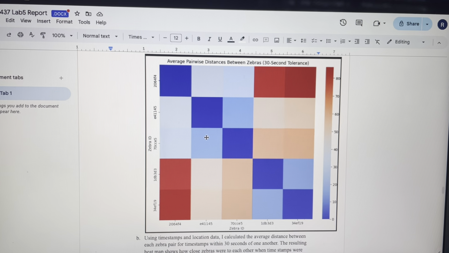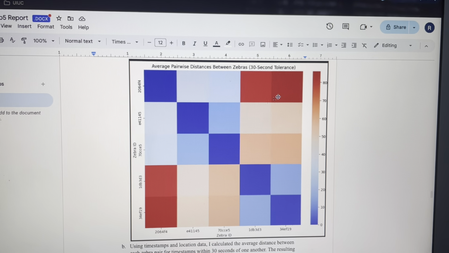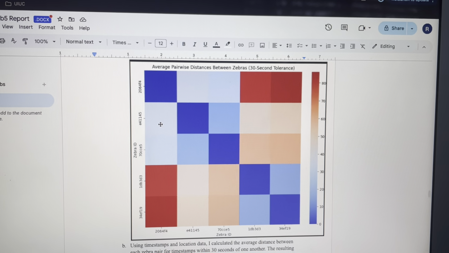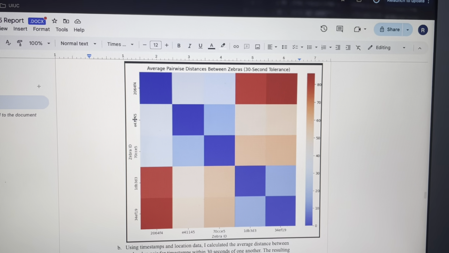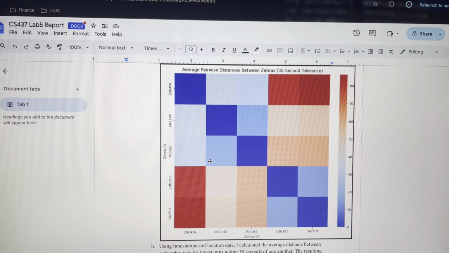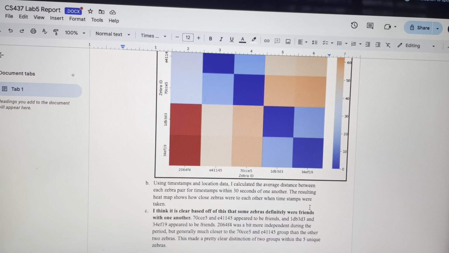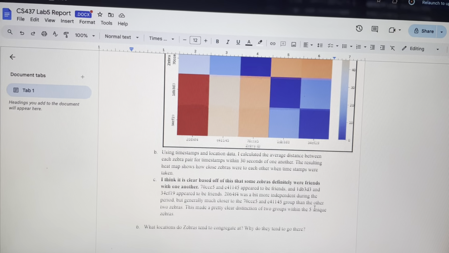The bluer boxes just mean that the average distance was closer, and the red ones mean they're farther away. So you can see this group here of these two unique zebras. This is sort of a group, and then this is sort of a group here. So clearly there's some friends, and I speculated that there's a group of 3 and then a group of 2 of my 5 unique zebras that were friends. So that's the conclusion I came to there.